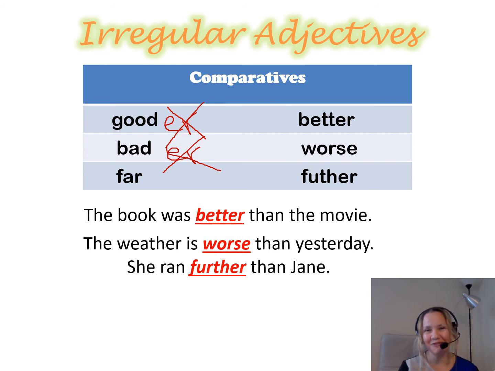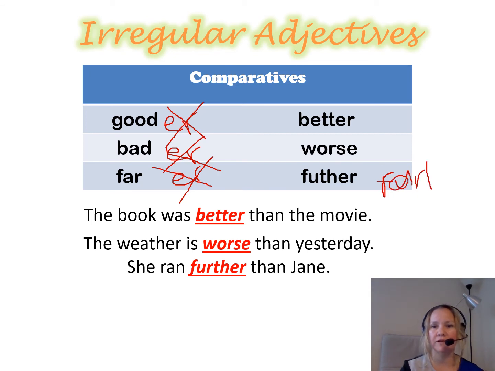That's also wrong. Far doesn't become farer. So good becomes better. Bad becomes worse. Far becomes further, or it becomes farther as well. Some people use this. I just put further there. Farther. Okay, good.